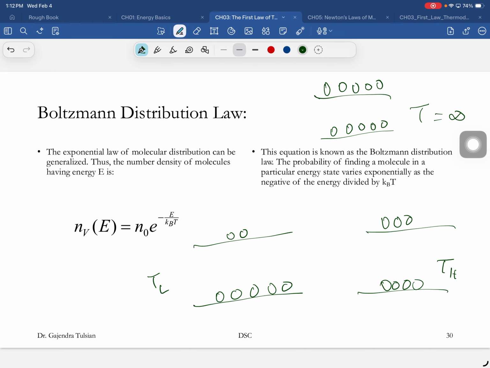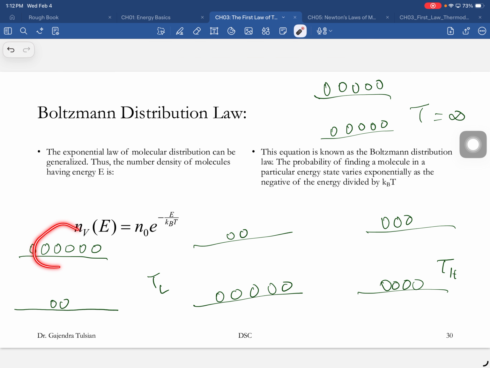For a laser, when you build a laser, what you have is essentially 2 levels. And for a laser to function, you need more molecules in the higher excited state than in the lower state. So what does this mean? From a probabilistic perspective, the probability of occupation of this level is greater than the occupation of this level.